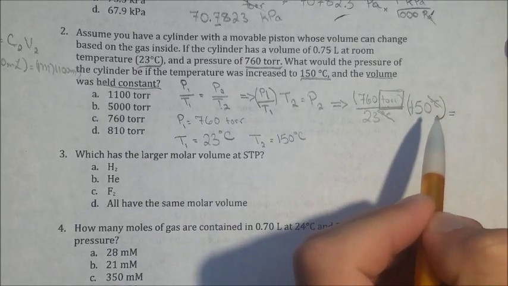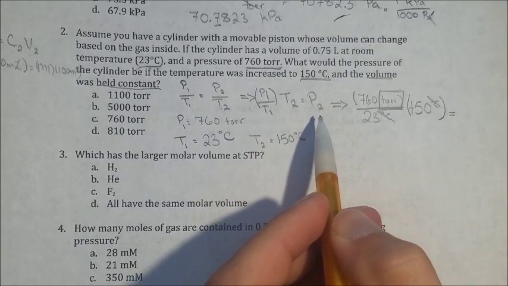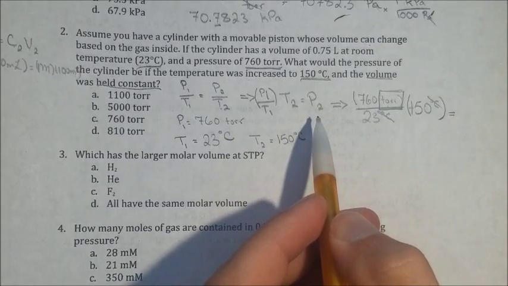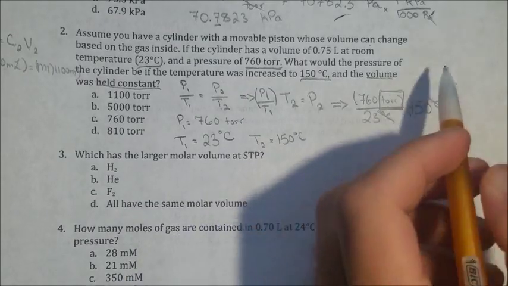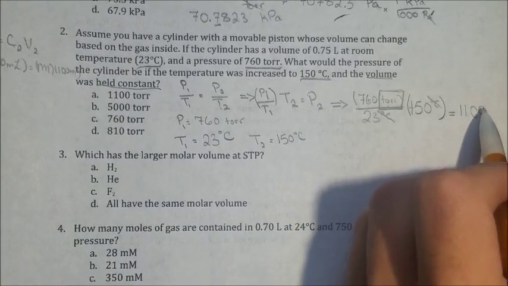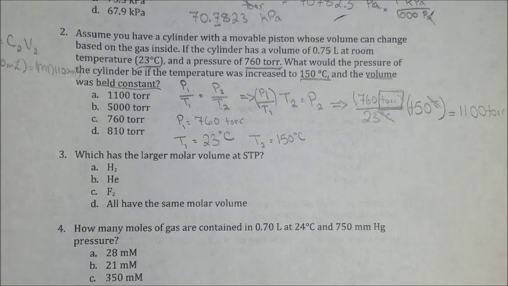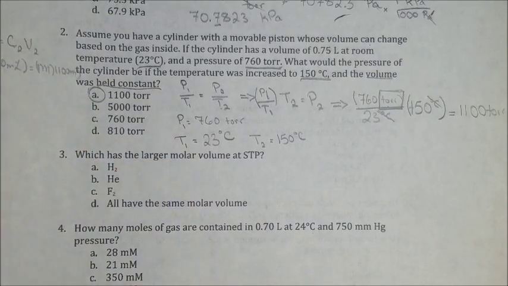And so that requires now that the units of pressure for P2 are torr. And so the correct answer then for this is 1,100 torr. And that corresponds to A. So A is the right answer for number 2.